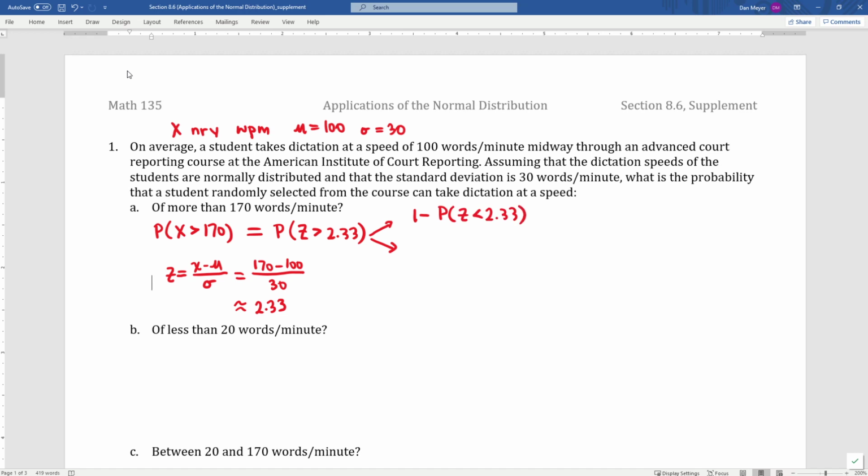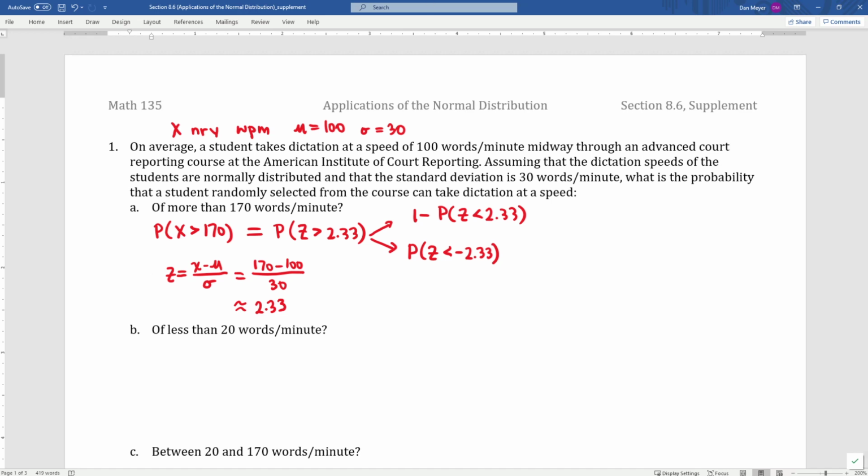Or we can use symmetry to say that this is the same as the probability that z is less than negative 2.33. Again, those ideas are discussed in the section 8.5 supplement video. All right, so I'm going to go ahead and go with the bottom version.